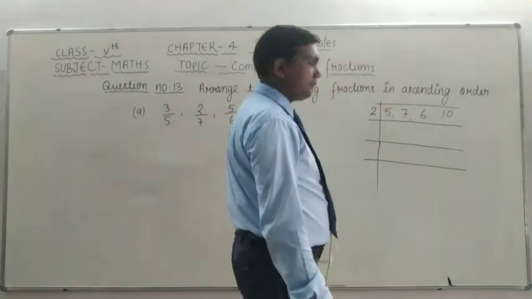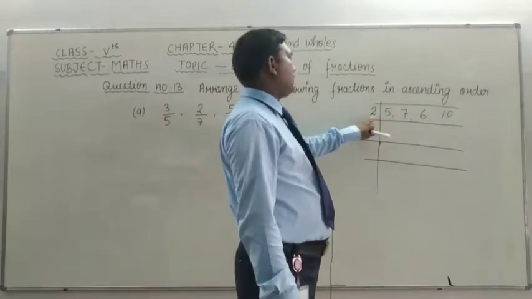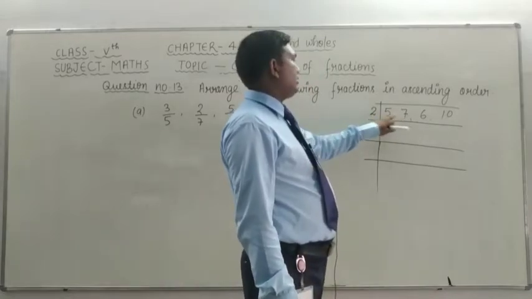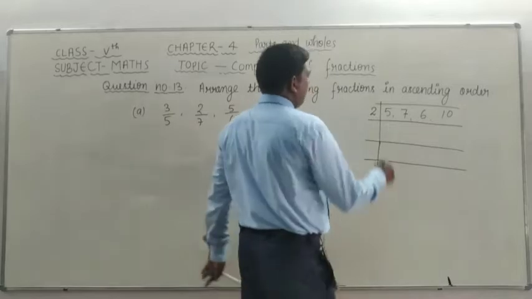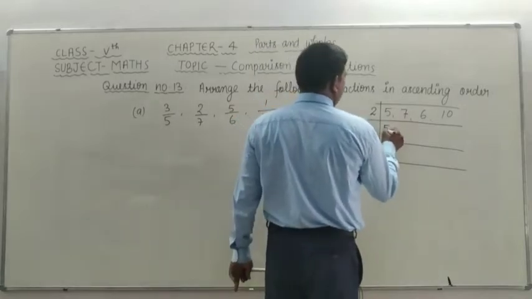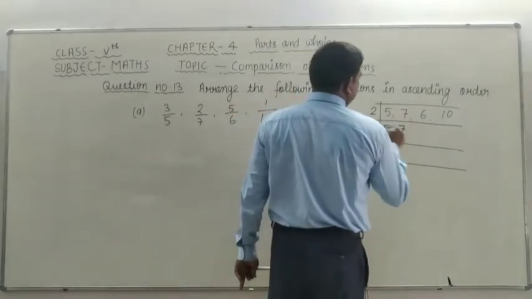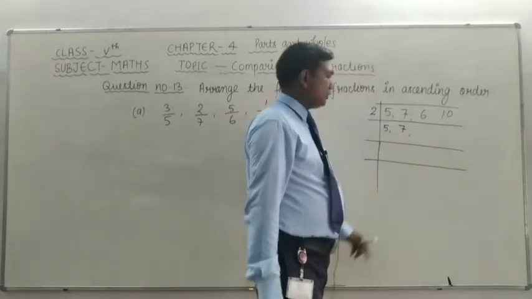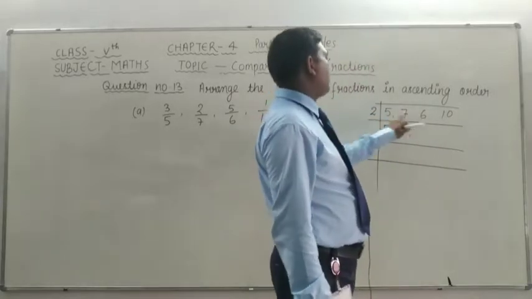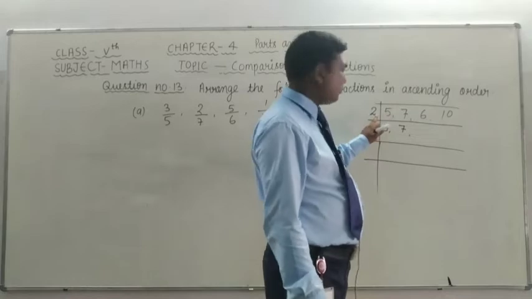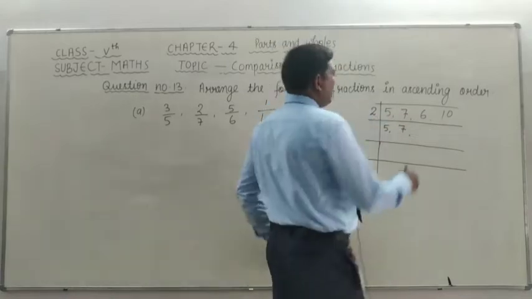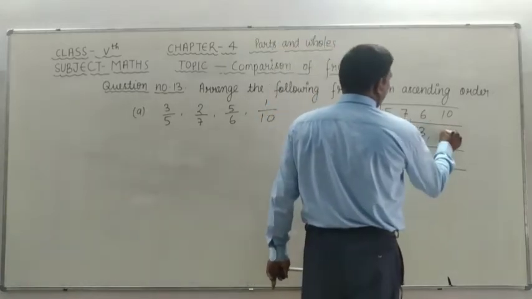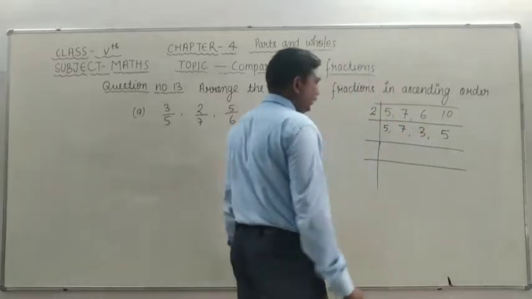Okay dear students, in this firstly we have to take 2. We know that 5 is not divisible by 2, 7 is not divisible by 2, therefore we take 5 as same and 7 as same. We know that 6 is divisible by 2 and 10 is divisible by 2, therefore 2 3s are 6 and 2 5s are 10.